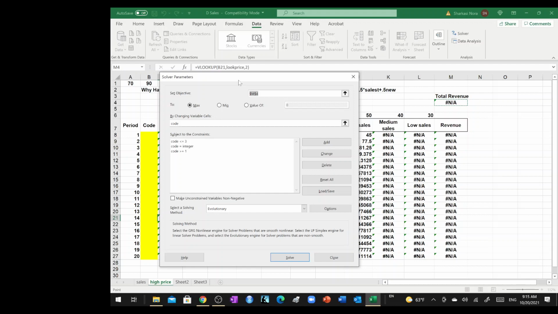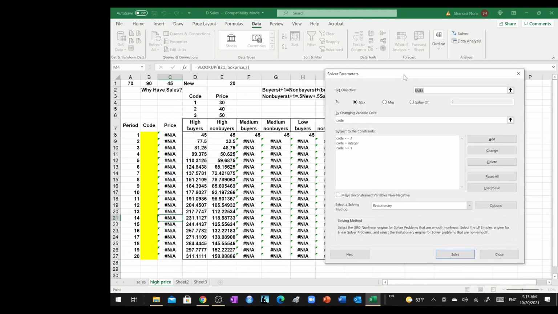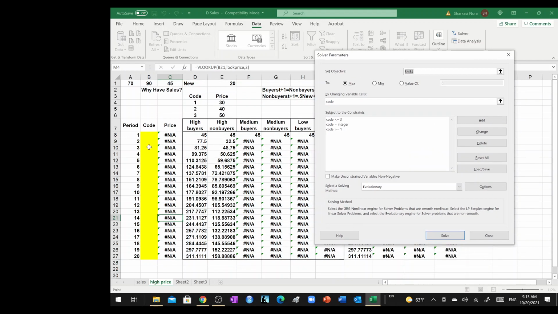And we want to change the code. So we want to make sure that this code is changing, but this code should be given constraints. And the constraint is, first of all, it should not be 1.32 or 1.52, because then the price will not work out and then the whole system will collapse.